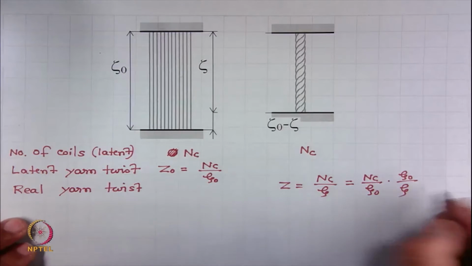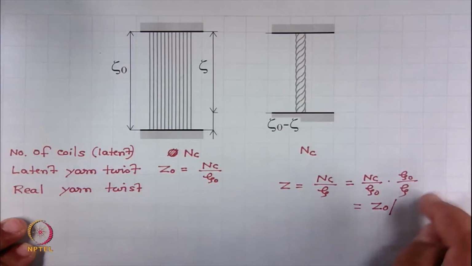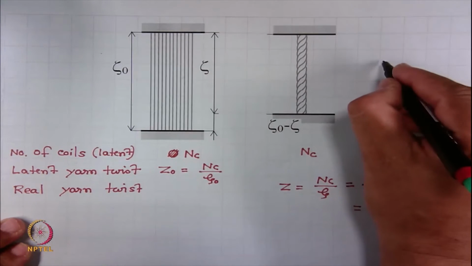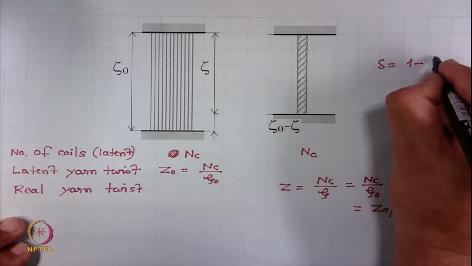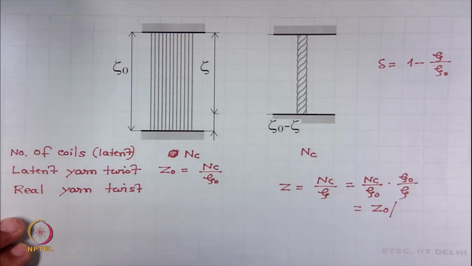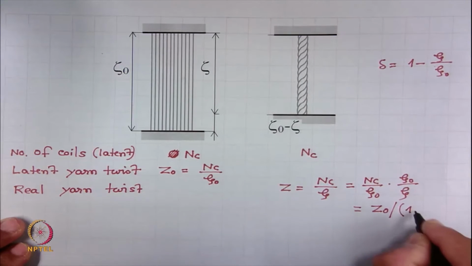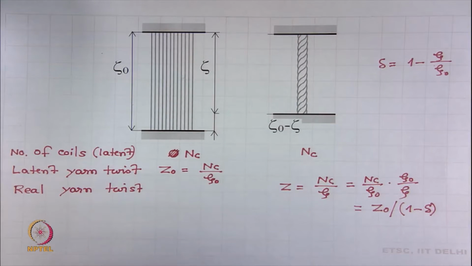What is this? This is your Z naught, and what is this? You remember yarn retraction was 1 minus final length by original length. So, 1 minus delta.